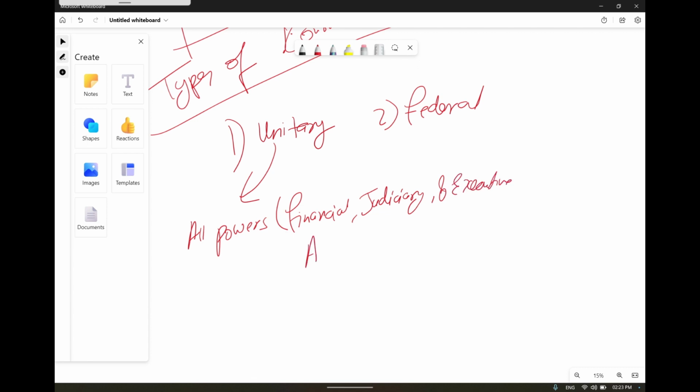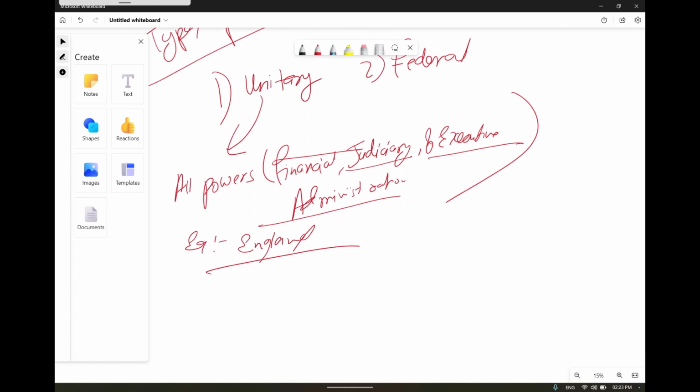We can add administration as well. So all power related to financial, judiciary, executive and administration is centralized. That type of constitution is called a unitary constitution. An example is none other than England.